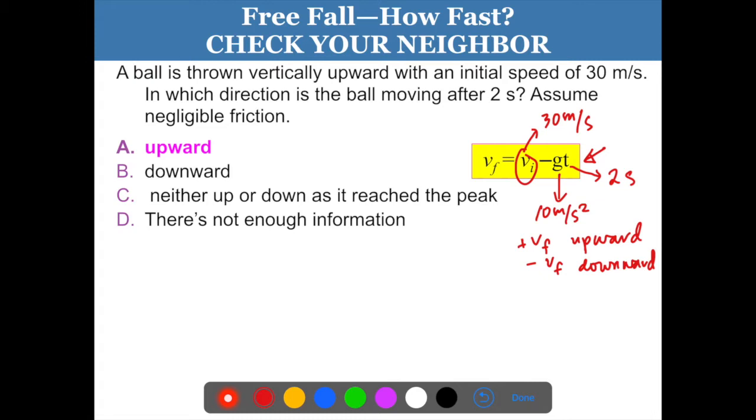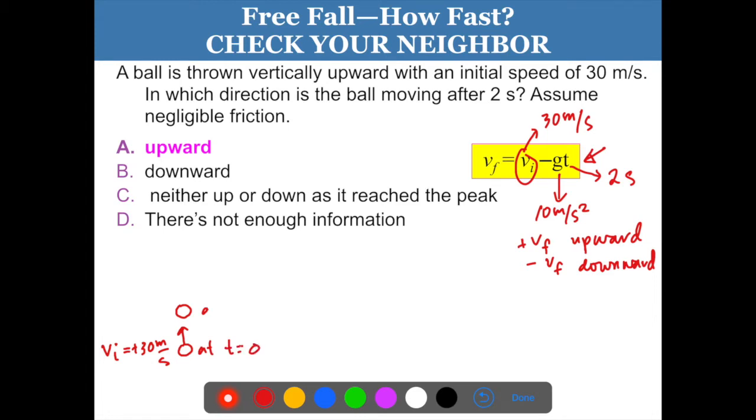So you know that the ball started from here, it had an initial velocity of 30 meters per second, and it was thrown upwards. Friction is negligible, so even though the ball is moving upwards initially, it's still undergoing free fall, meaning that because it's going upwards, its speed will decrease by 10 meters per second every second.